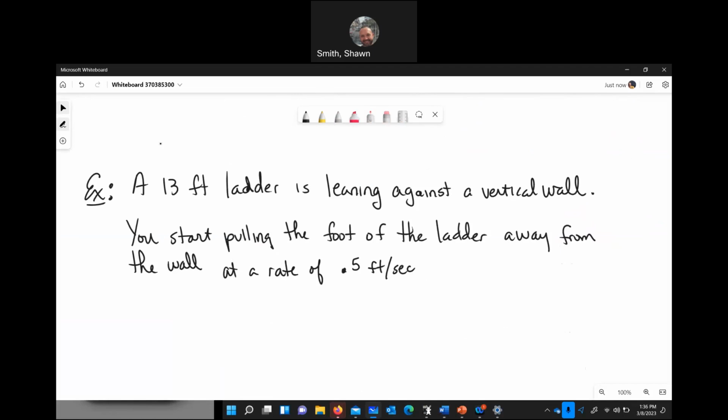So every second it's moving back half a foot. Every 2 seconds, 1 foot, right? How fast is the top of the ladder sliding down the wall?